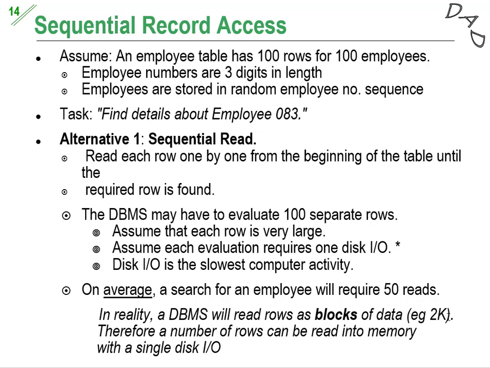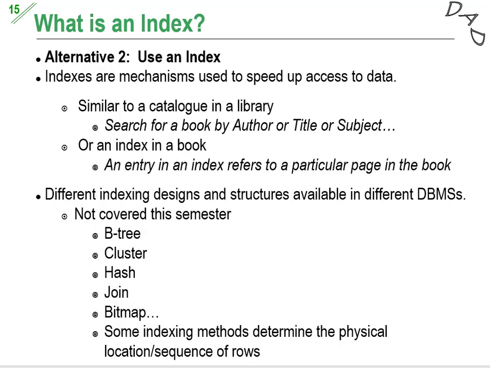For example, it reads 2 kilobytes of data into the memory and through the memory it will search the required record. So the number of rows read into memory will on average be taken as 50. So that is the slowest part.